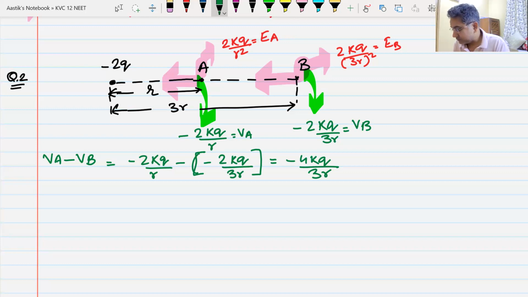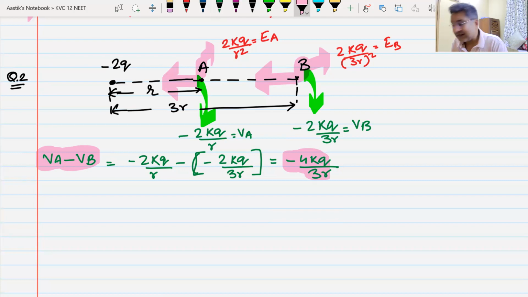Now can you tell me which point is at a higher potential, A or B? See, VA minus VB is coming negative. So which point will be at a higher potential? Think about it as maths here, because V is a scalar quantity.